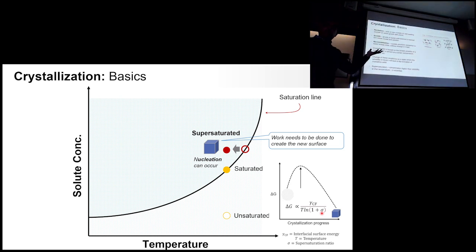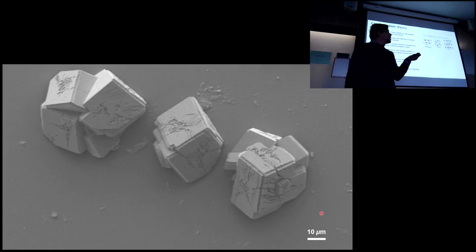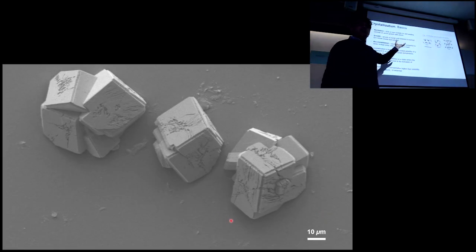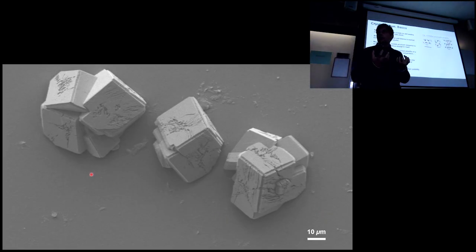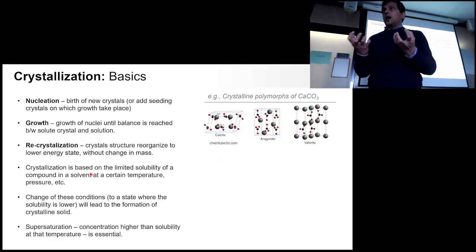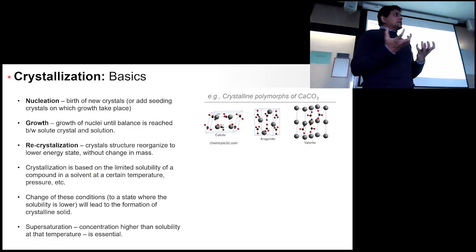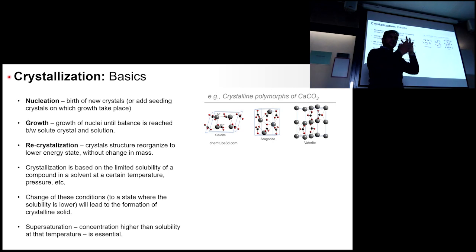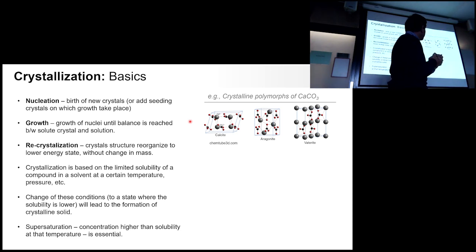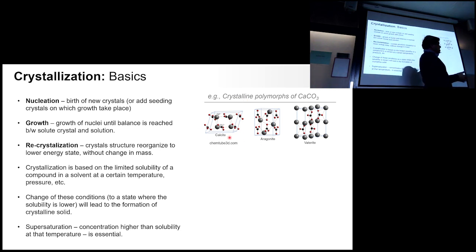Since we have supersaturation at this point, we can create these crystals, and that's what we get. The reason these shapes evolve when we perform the inorganic crystallization is that you have calcium ions, you have carbonate ions, they have some relative charges, they have specific sizes, and they like to come together in specific ways within the lattice, depending on the various forces of attraction involved, and they form these kinds of shapes, calcite.